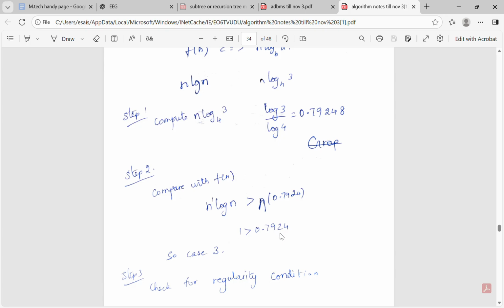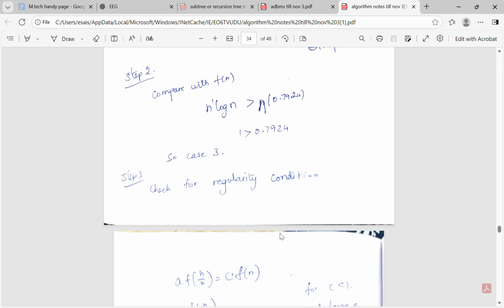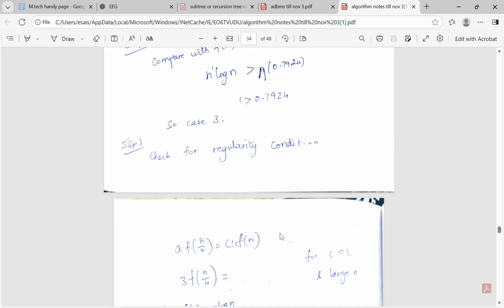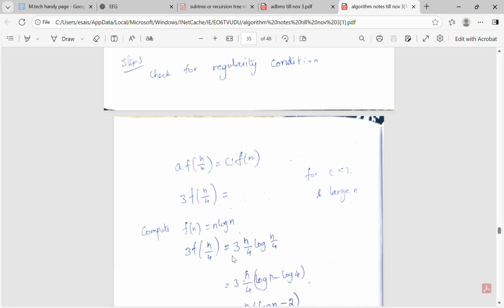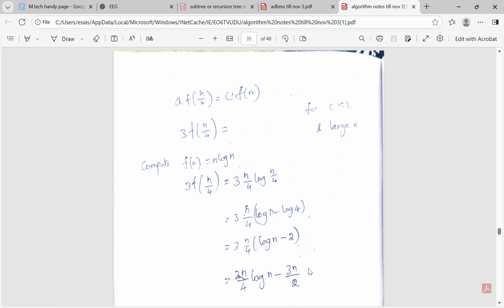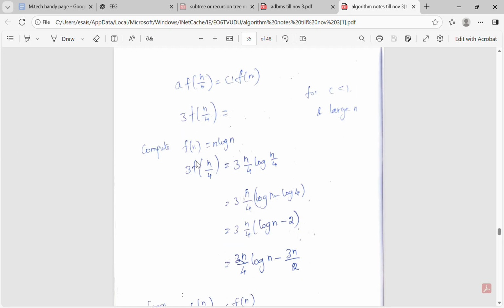In case 3, we need to find the regularity condition, which is a f of n by b less than or equal to c f of n. So 3 f of n by 4 less than or equal to c f of n. F of n we know is n log n.